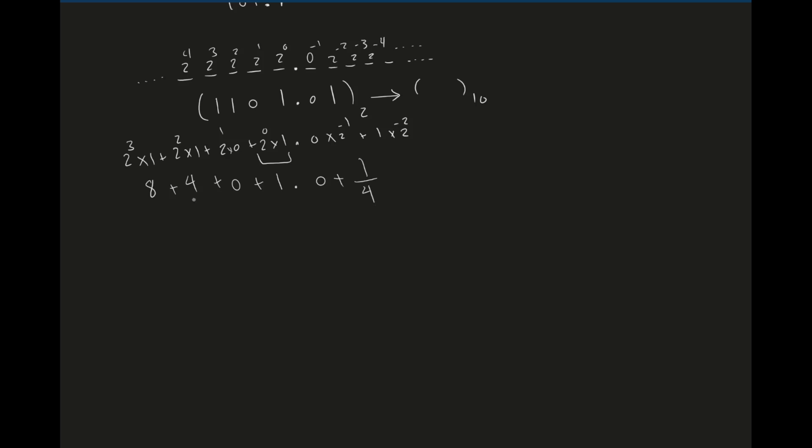So this value is then 13 plus a quarter, which is 0.25. So that is the decimal value for that binary number. Essentially, this becomes 13.25 in base 10. And that's how you convert numbers from binary to base 10, especially if you have fractions.